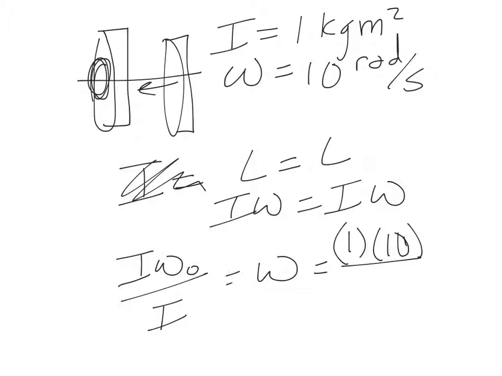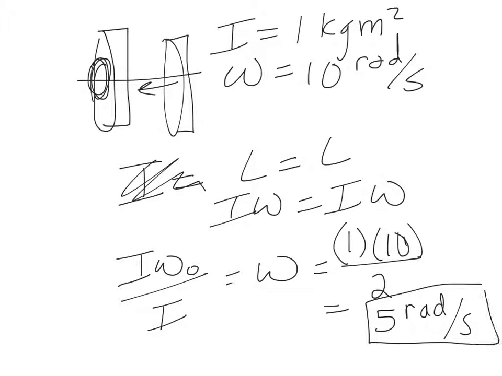All the mass is still located at a uniform distance from the axis of rotation, but what's going to be different is just double the amount of mass. So if we have double the mass, we should have double the moment of inertia, and so that should be divided by 2. And so that would be 10 divided by 2, which is 5, and the units here are radians per second. We're looking at the speed.